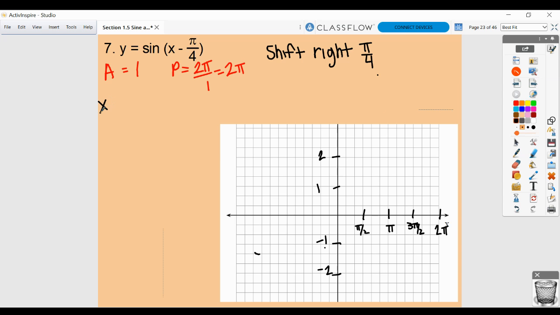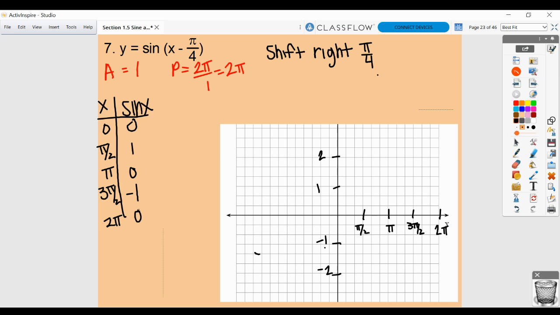Okay, so you're ready for your chart. So you have 0, pi over 2, pi, 3 pi over 2, and 2 pi. The original sine function, 0, 1, 0, -1, 0.